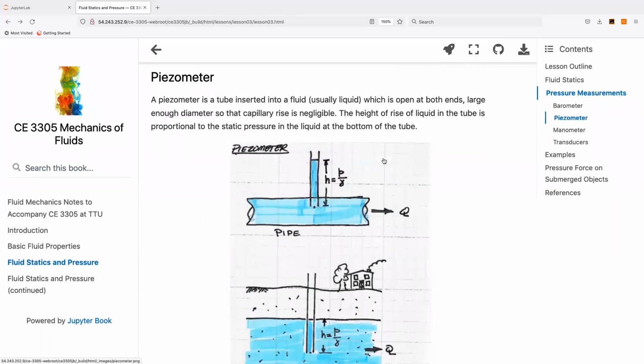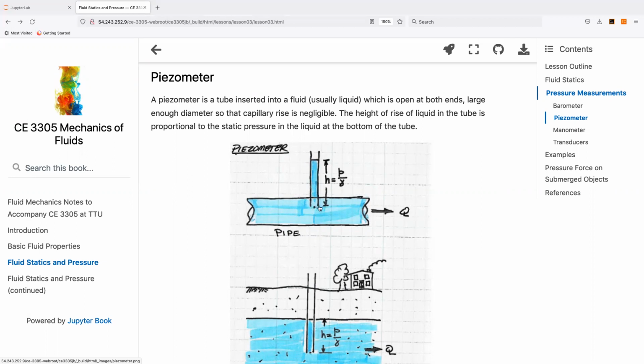So next one is a piezometer. Piezometer is a fancy name given for a tube that's open at both ends. If you don't want to use the word tube, we go back to Home Depot and we buy a pipe. So a pipe is a tube that's open at both ends until you close in the ends. We shove it into our liquid and we get a pipe that's big enough so the capillary rise doesn't matter.